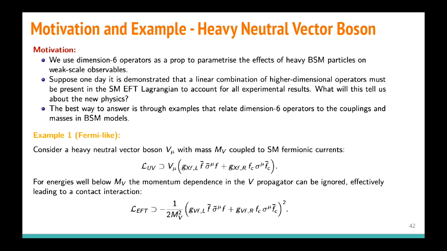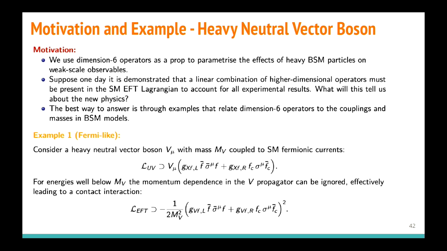So what will this tell us about new physics? What we have to do is toil hard, take a lot of theories, and see which of these theories actually give rise to that linear combination of operators. Here I have taken a Fermi-like scenario. I have taken a neutral vector boson V_mu with a mass of m_V and coupled it to the standard model fermionic currents.